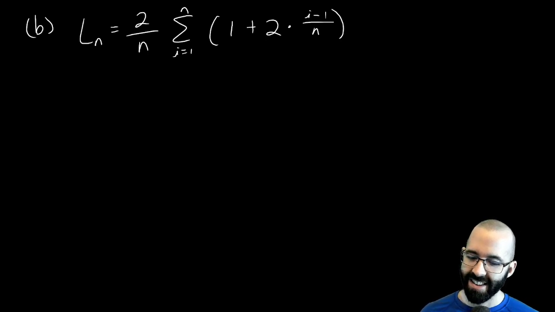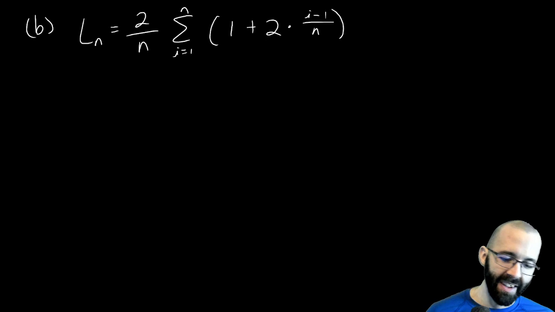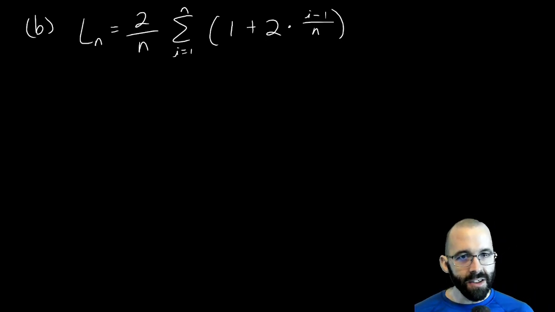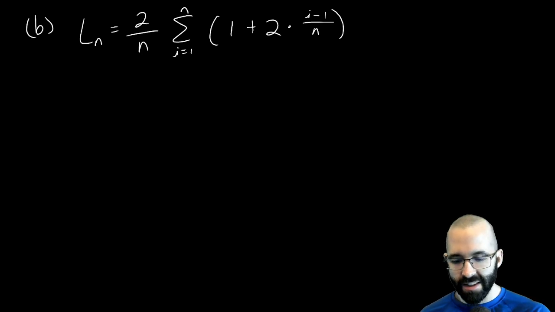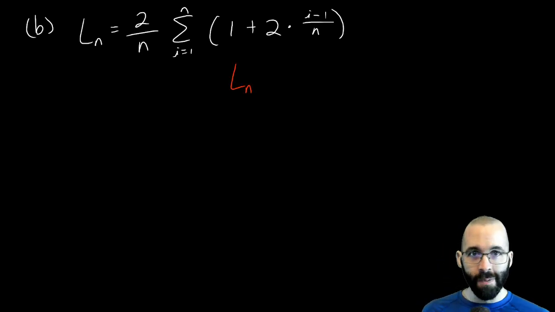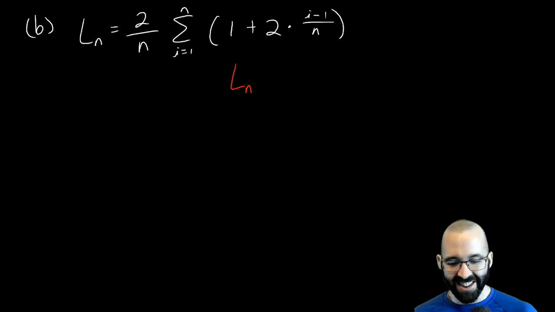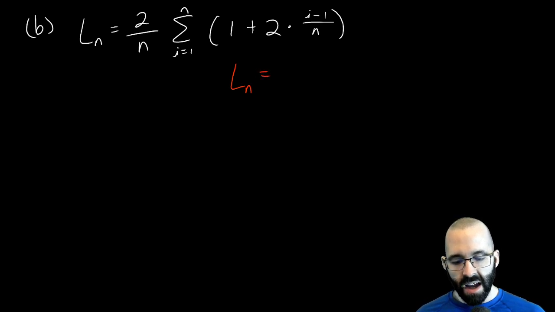All right. So it may also help to go back to your notes from the first section of this class. During one of those long, messy videos, we had a formula that said the left endpoint is the sum from i equals 1 to n of the function.